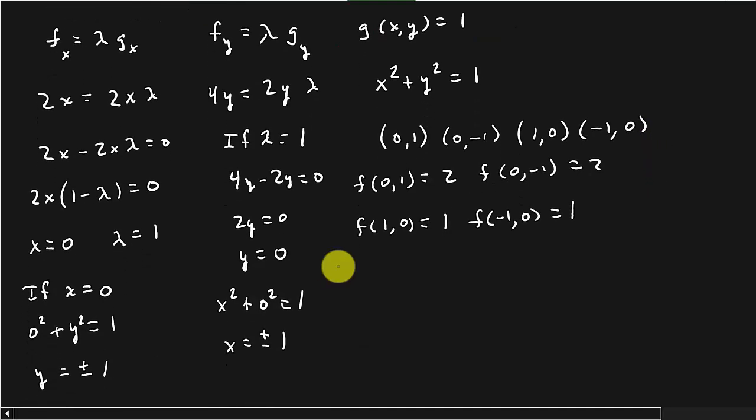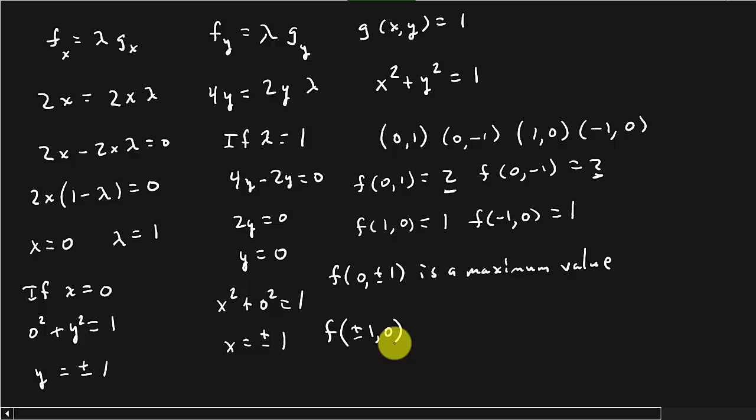So you can see that f of 0 plus or minus 1, see, these are my two largest values here. So those are my maximum value. And then f of, let's see, plus or minus 1, 0.